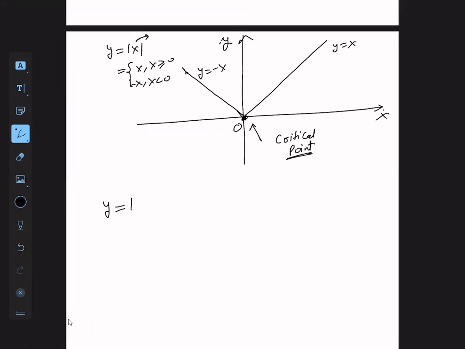What if I have to draw the graph of y is equal to mod x minus 1? It is again a V shape graph, but the critical point is shifted to where this is equal to 0, that is when x is equal to 1. So the critical point is shifted to x equal to 1.